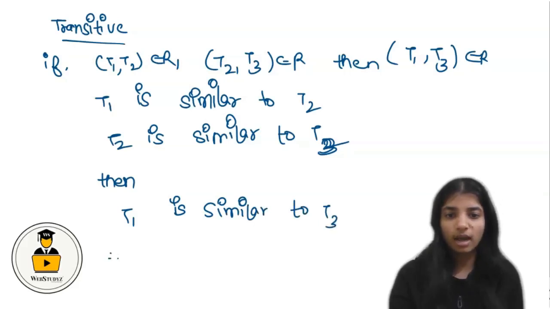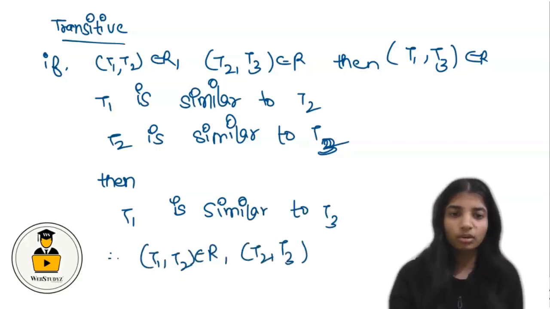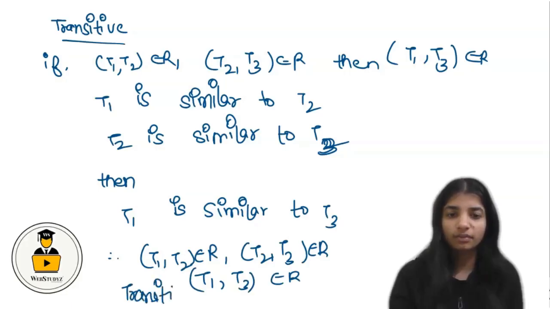So we can say that our condition is satisfied, that is (T1, T2) belongs to R, (T2, T3) belongs to R and (T1, T3) belongs to R. So this is a transitive relation.